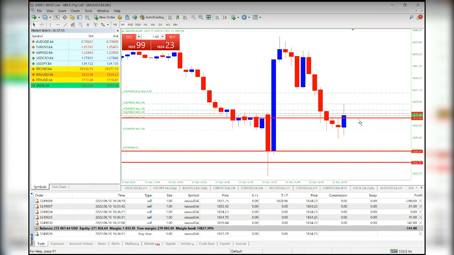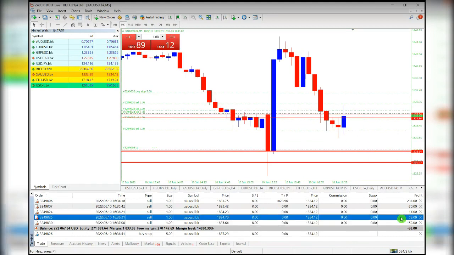Okay, dito sa trading natin, kung mapapansin natin, yung iba kumikita na.